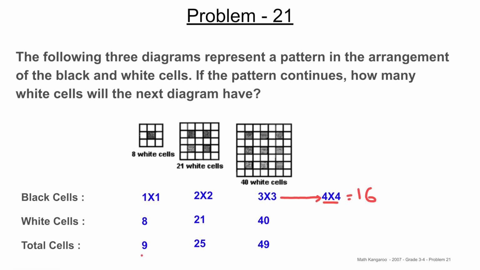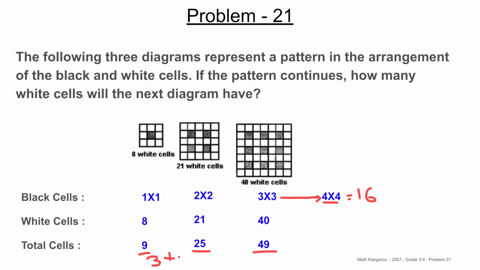Now to check the pattern for the total cells. Do you see some similarity in here? Yes, the total number of cells follows a square number pattern, which increases by 2 each time. So 9 is the square of 3.